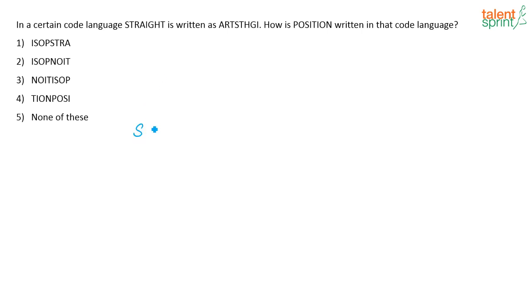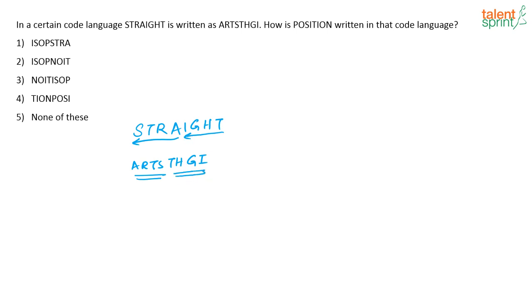In a certain code language, straight is written as ARTSTHGI. See what's happening here. The first 4 letters are written in reverse and you get ARTS. Similarly, the last 4 letters are written in reverse and you get THGI.